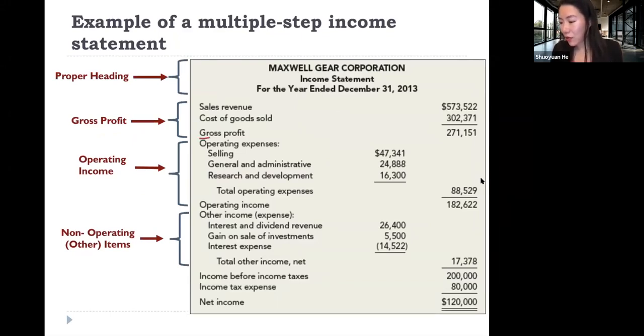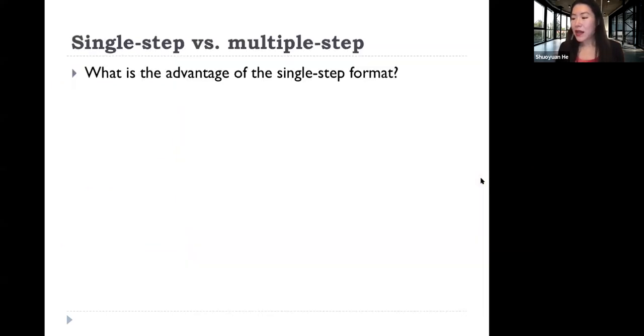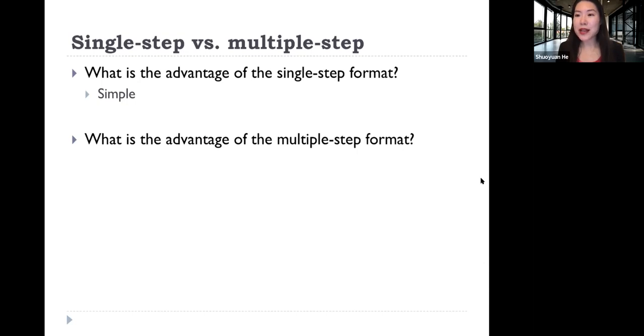You are going to say gross profit, operating income, and then income before income tax, and then income tax, net income. So it is calculating gross profit, operating income, and non-operating items. And if you compare single step and multiple step, what is the advantage of a single step income statement? So it is simple. And then what is the advantage of multiple step?